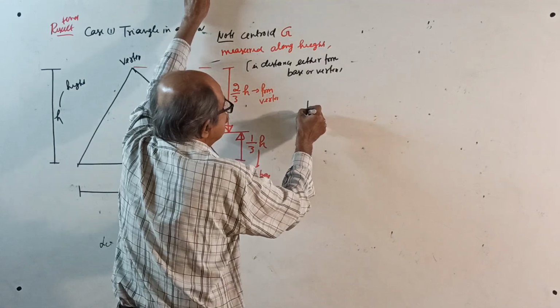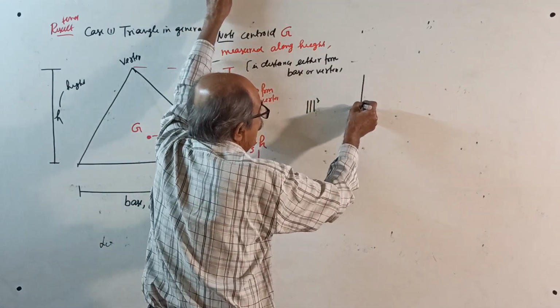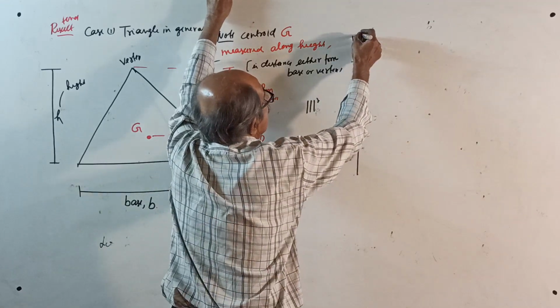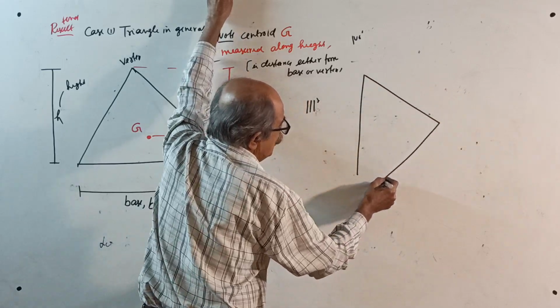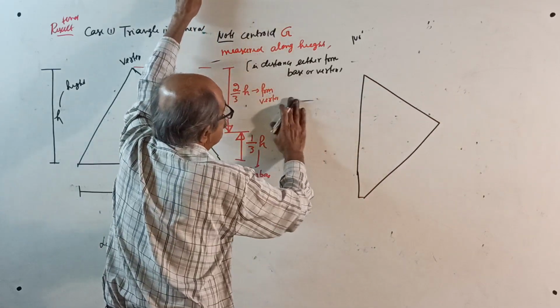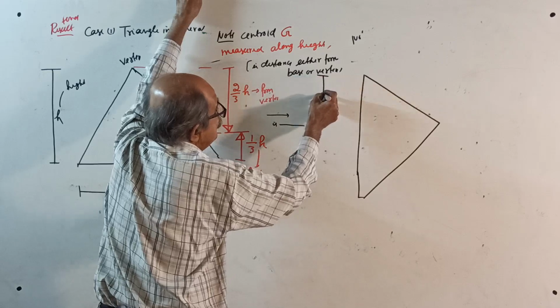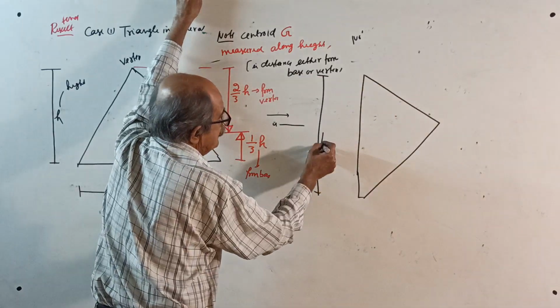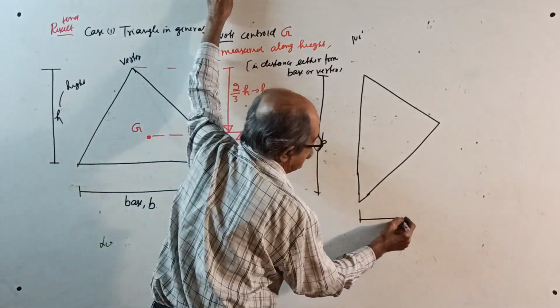Similarly, if you consider a triangle this way, anyone bigger, anyone smaller, no problem, and this is the base B, this will become the height.